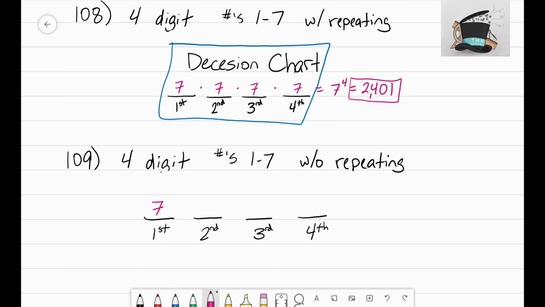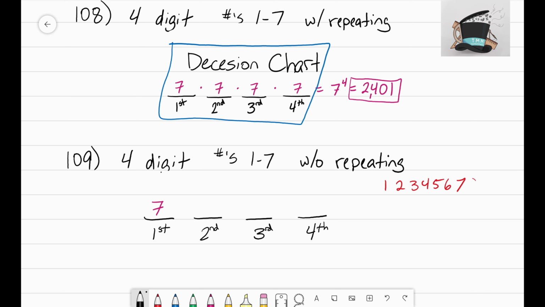Now, when I move to the second digit, I no longer have 7 numbers to choose from. And what may help is if I write those 7 numbers out. 1, 2, 3, 4, 5, 6, 7. Those are all of the numbers I can choose for this first number. Now, once I choose one of the numbers, I'm unable to choose it again.